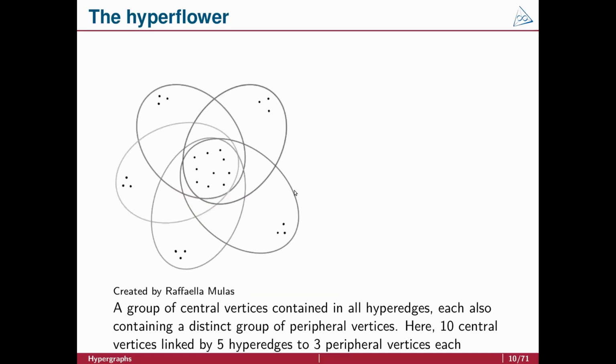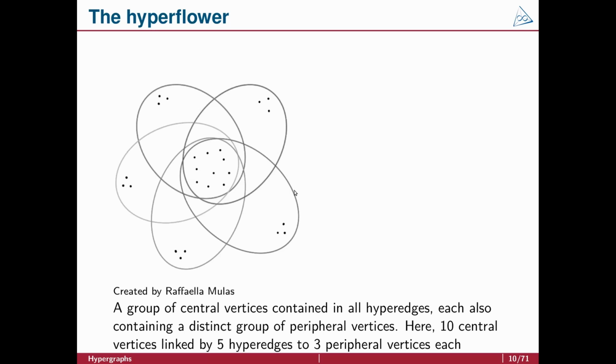So here's a hyperflower. Again, a picture created by Raffaella. This is a standard example. We have a group of central vertices here, 10 central vertices, and then we have 5 hyperedges, and each hyperedge links the group of central vertices to a particular group of 3 peripheral vertices.